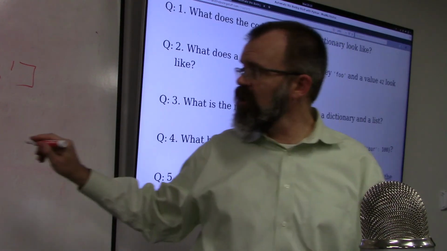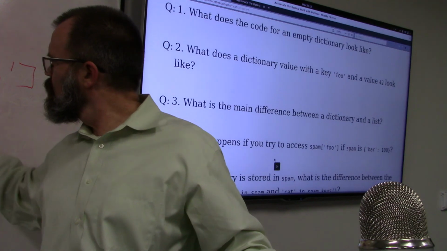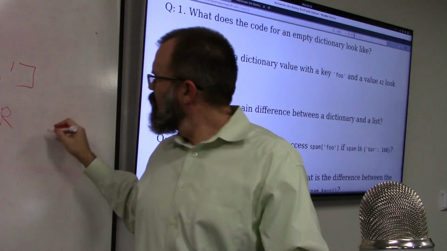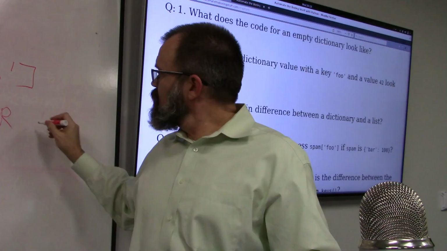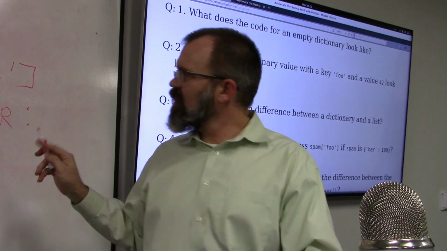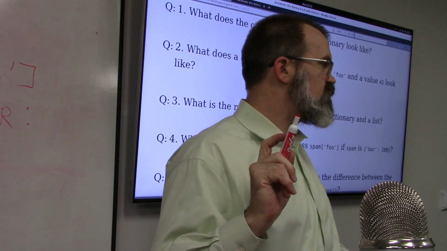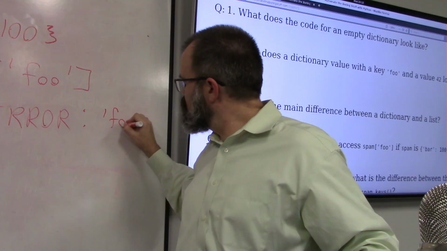It'll tell you key error, because it is a key error. Well, it might not be all capital. I just like making errors really scary because they're bad. And it will tell you something about the key error. What will it tell you? It will tell you the key that threw the error, foo.